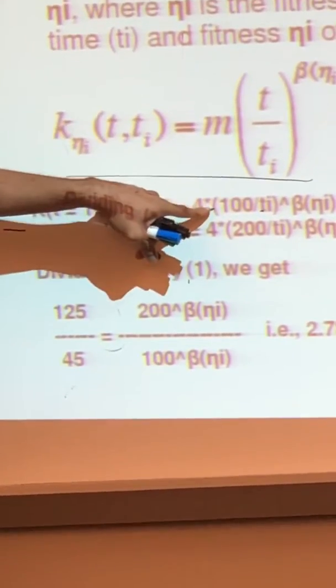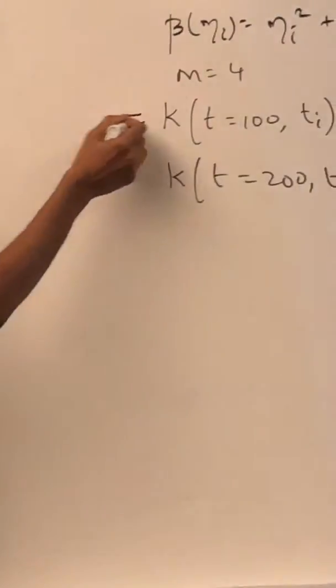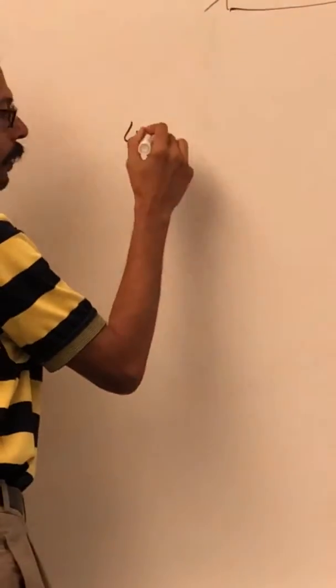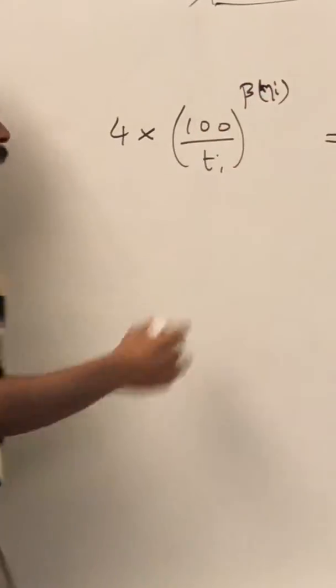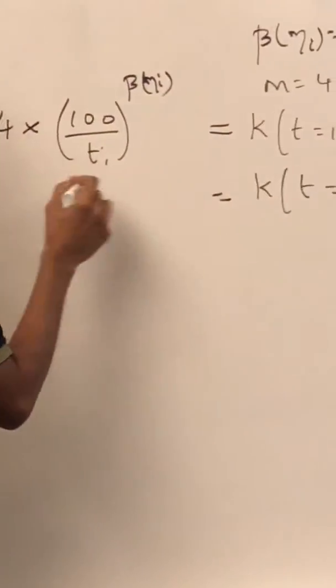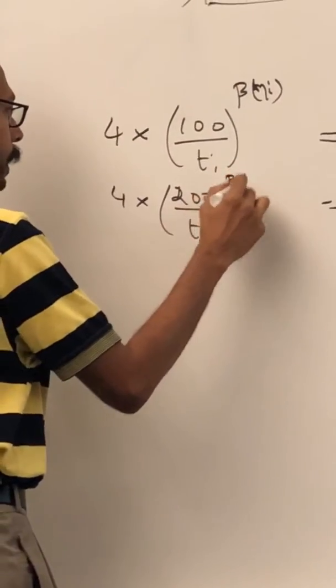So at time 100 its degree is 45, so it is M, which is 4, times 100 divided by Ti raised to beta of eta I. And at time 200, 125 equals 4 times 200 divided by Ti raised to beta of eta I.